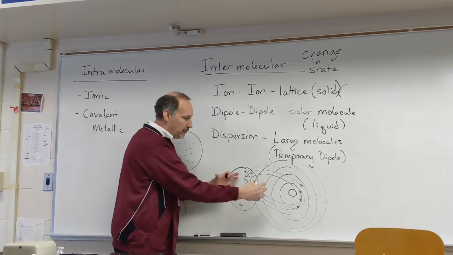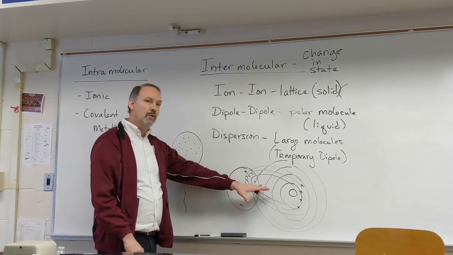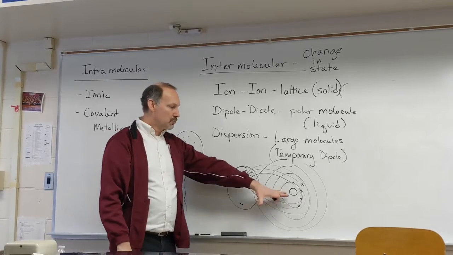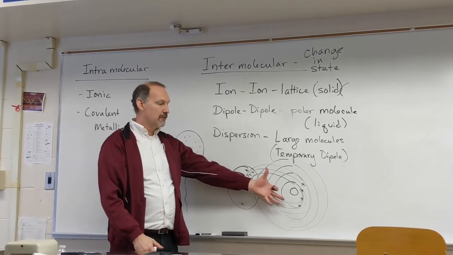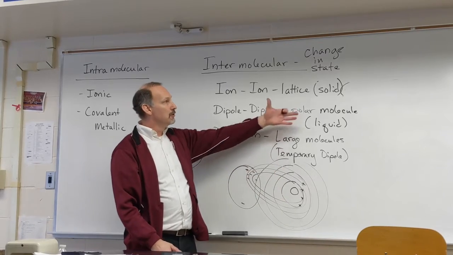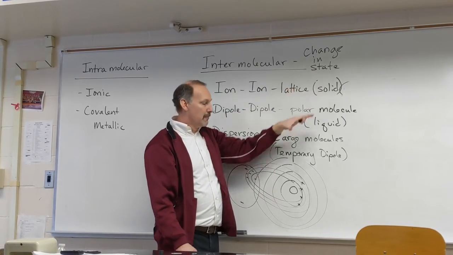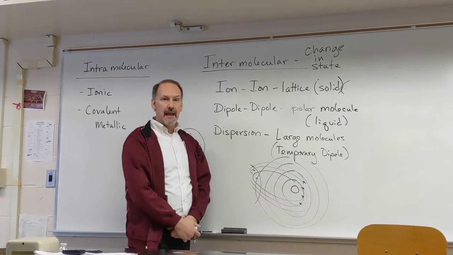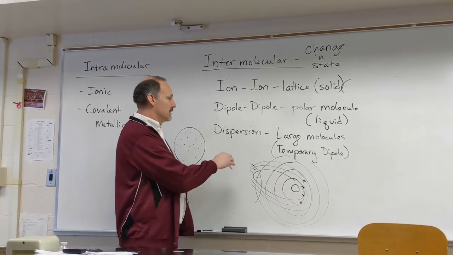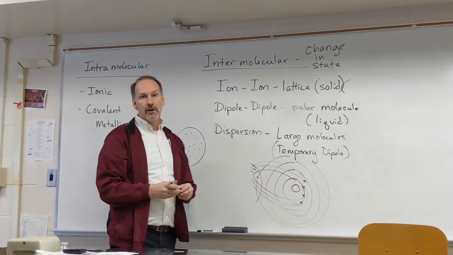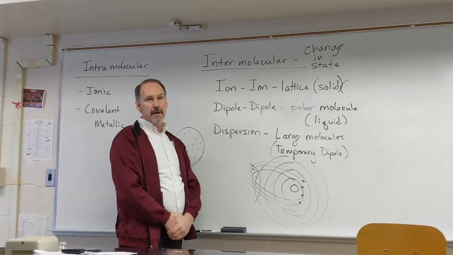Now this molecule becomes polar, but only while this dipole is near it. That can happen with extremely large materials that have large atoms in them. Temporarily, they can be pulled into a more dense state of matter. But when these dipoles are removed, they go back to being probably a gas. So it's called dispersion. It's a temporary dipole situation, and it occurs in creating different states of matter as well.